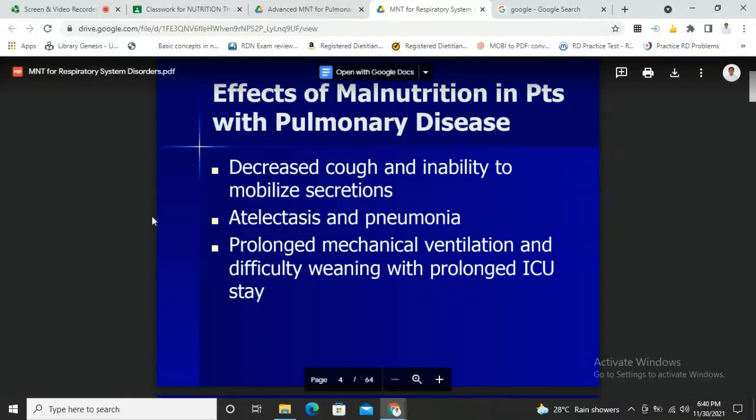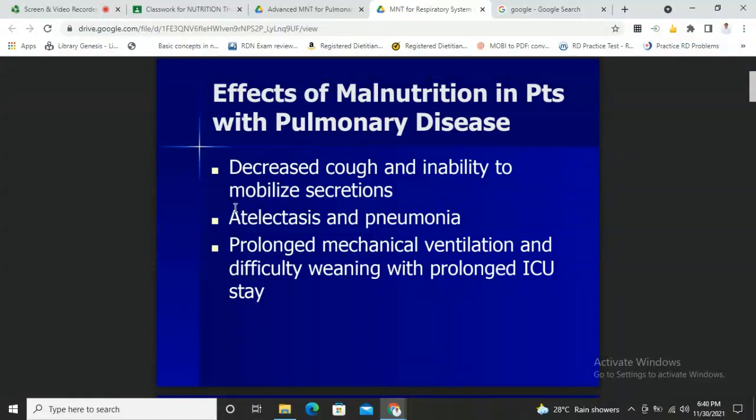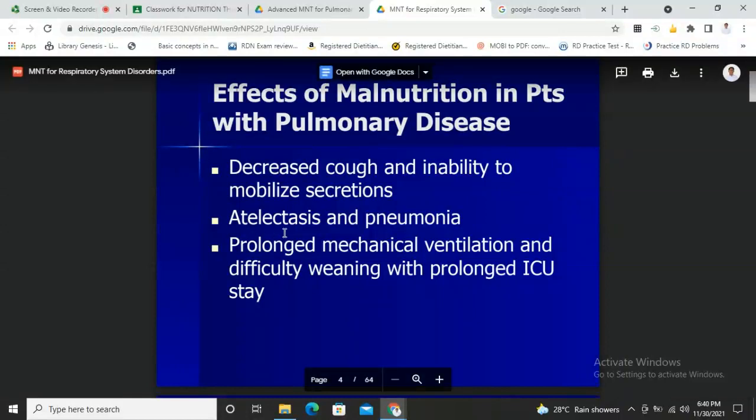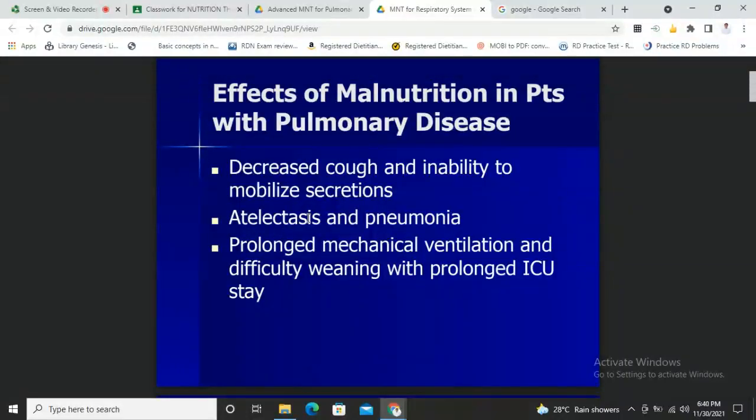Okay? And what does atelectasis mean? This is similar to pneumothorax, okay? That's collapsed lungs. And atelectasis is actually very dangerous. So when someone has malnutrition, atelectasis incidence is higher.